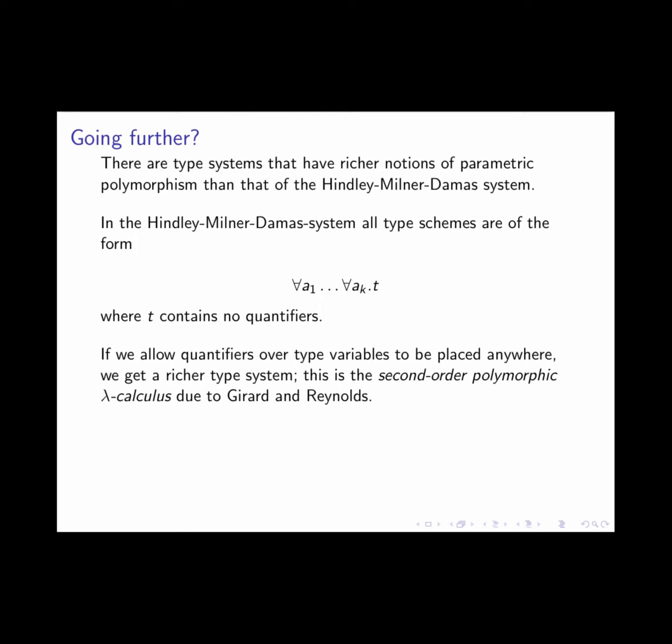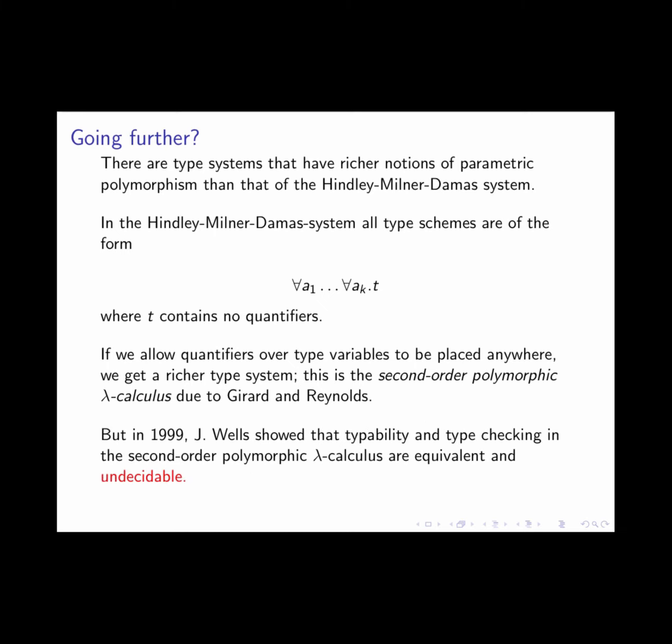One example of such a type system is the second-order polymorphic lambda calculus that's due to Girard and Reynolds. And for quite some time, people thought, well, maybe we can do type inference in that system as well, because if we could do that, then we would have that as our type system for Haskell and not the Hindley-Milner-Damas type system. Unfortunately, Joe Wells showed in 1999 that typability and type checking are equivalent problems.